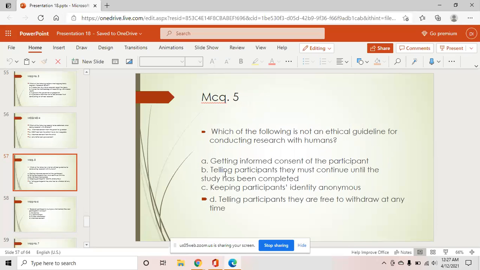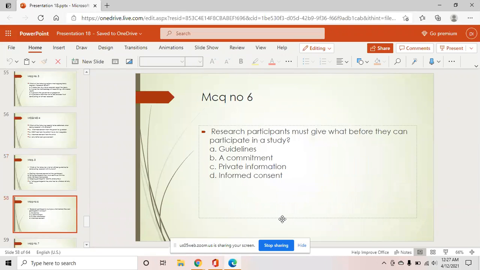Getting informed consent of the participant, telling participants they must continue until the study has been completed, keeping participants' identity anonymous, and telling participants they are free to withdraw at any time. B is the right answer. Participants can withdraw anytime. It is not necessary for them to continue until the study is complete.